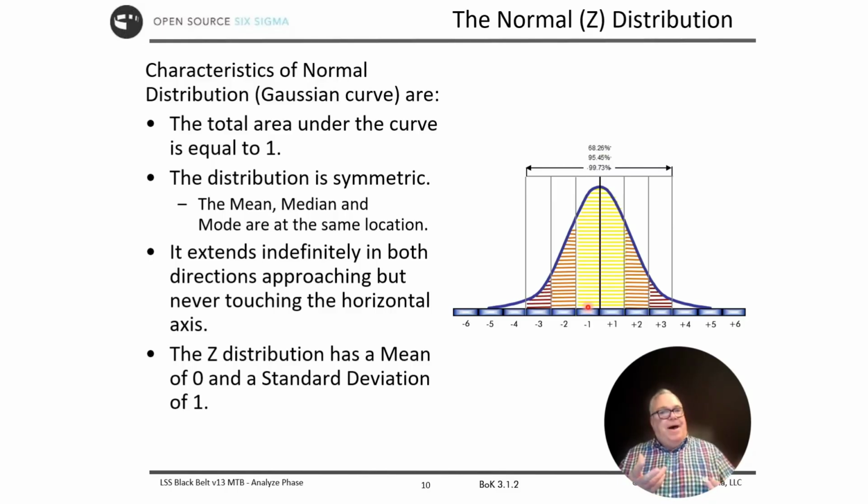So I know a lot about the curve, and I can use these things to my advantage when I'm calculating things like defect rates, and we're going to use this again when we start to talk about hypothesis testing. If I have two normal curves, I can tell you whether or not they overlap based on how much area there is out here in the curve.